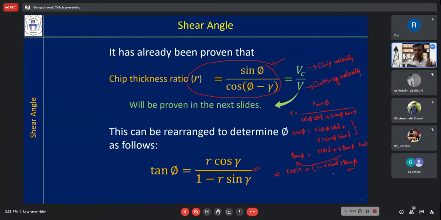So from this, you can get tan phi is equal to R cos gamma by 1 minus R sine gamma. You have to remember this relation also. So if you want to find shear angle phi, it will be tan phi is equal to R cos gamma by 1 minus R sine gamma.